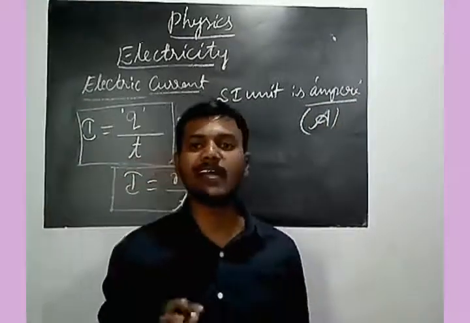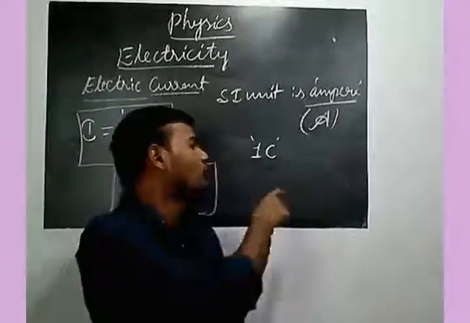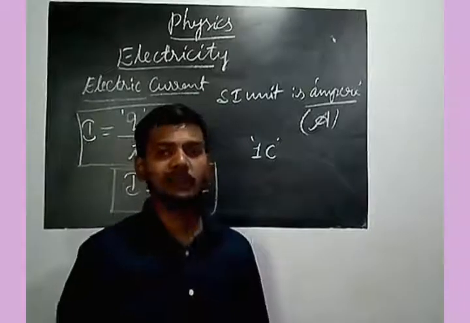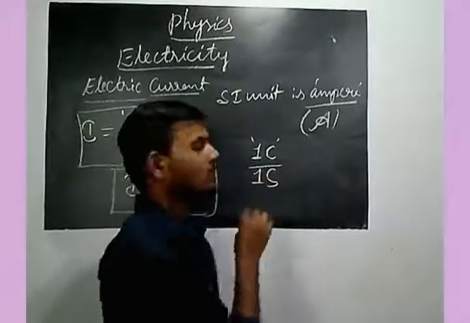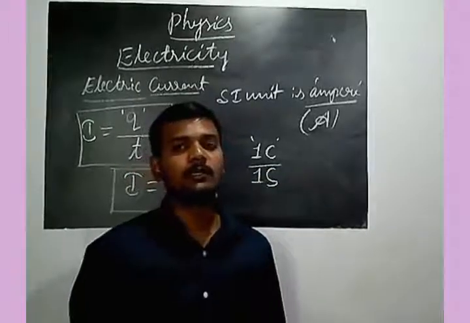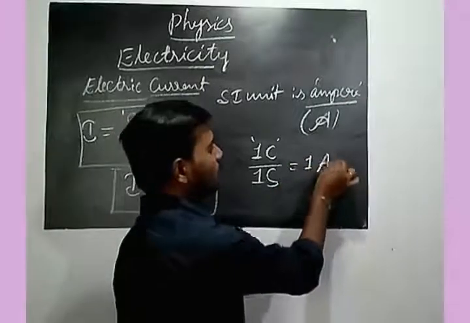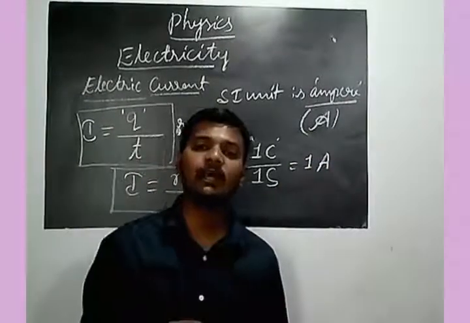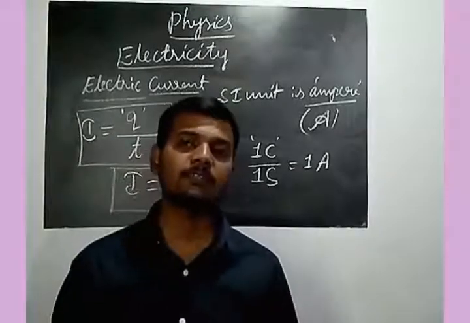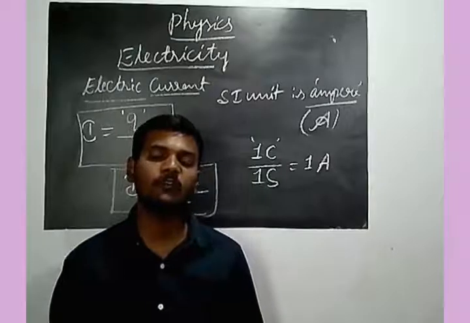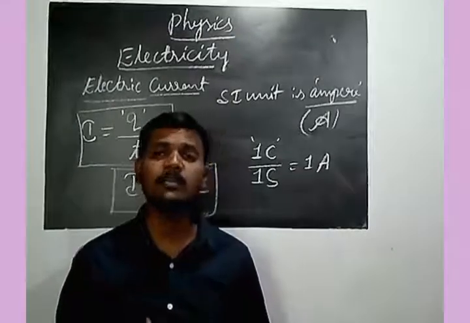When 1 coulomb of charge flows in a conductor in 1 second, it gives the current of 1 ampere. We can define 1 ampere when 1 coulomb of charge flowing in a conductor in 1 second is known as 1 ampere.